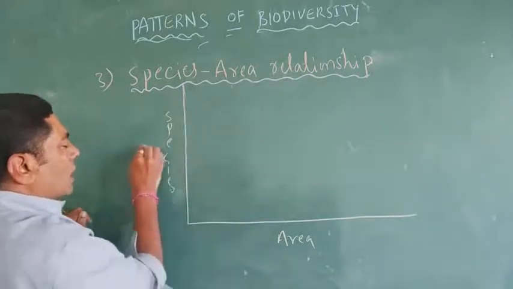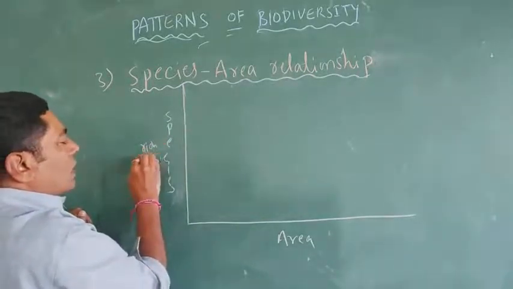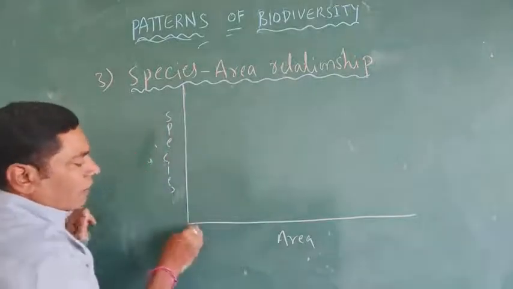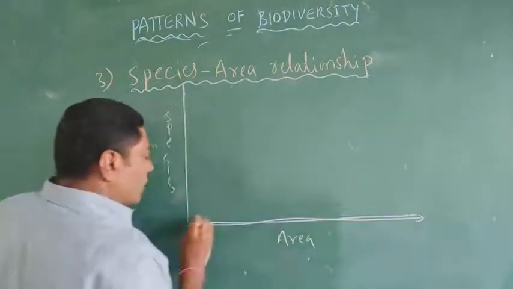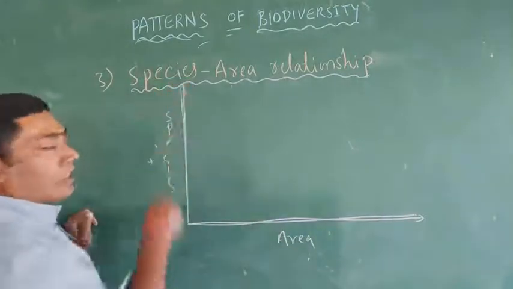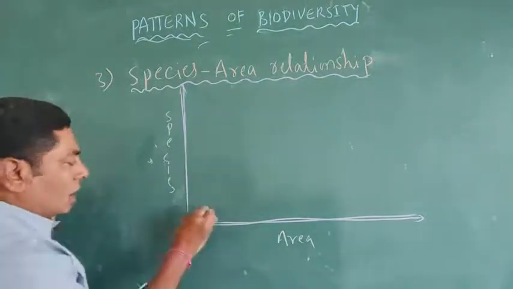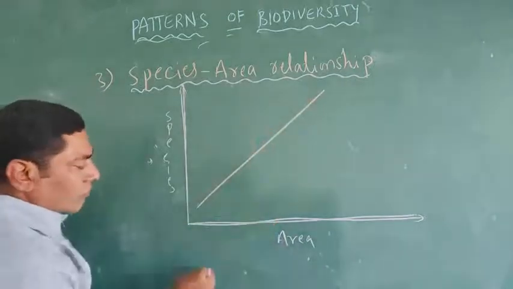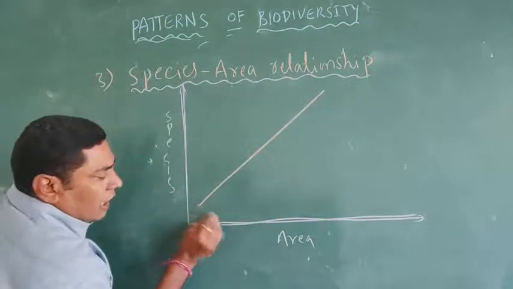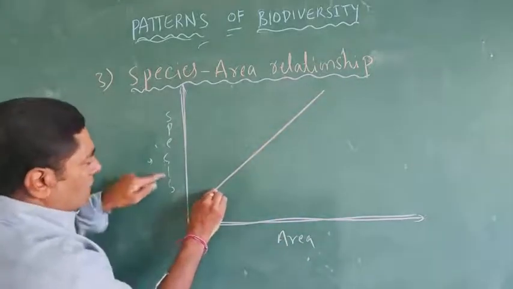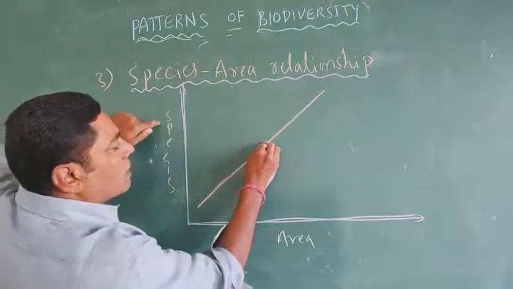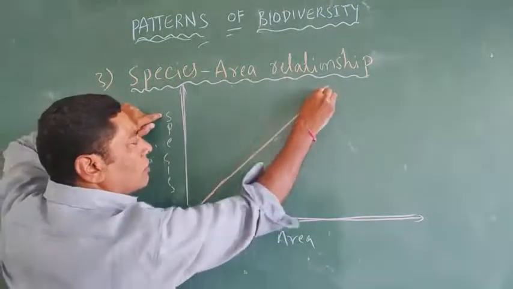When the area increases, the species richness also increases. This is the graphical representation. When the area increased, the species richness, the number of species, also increased.